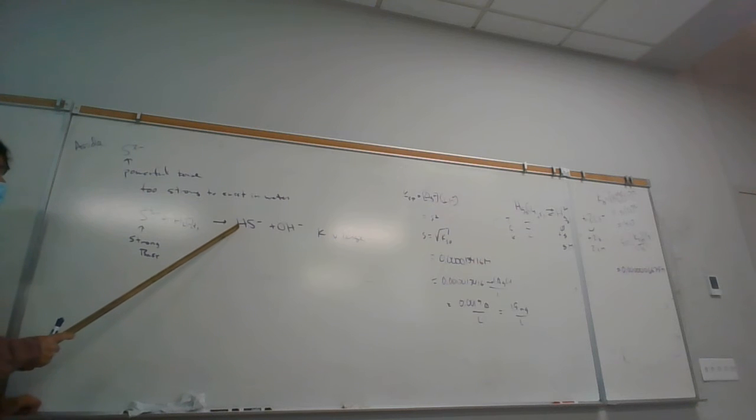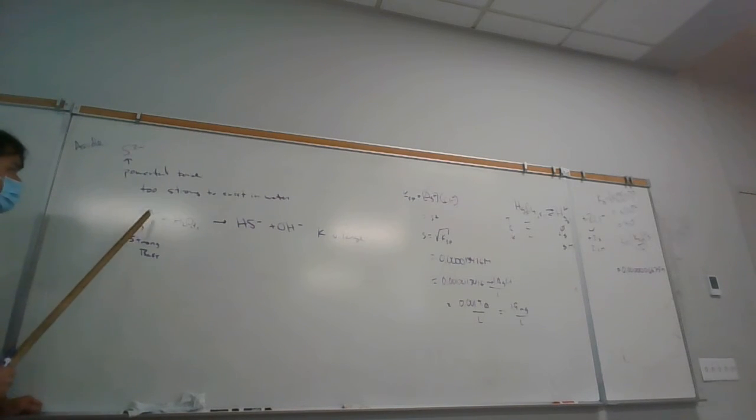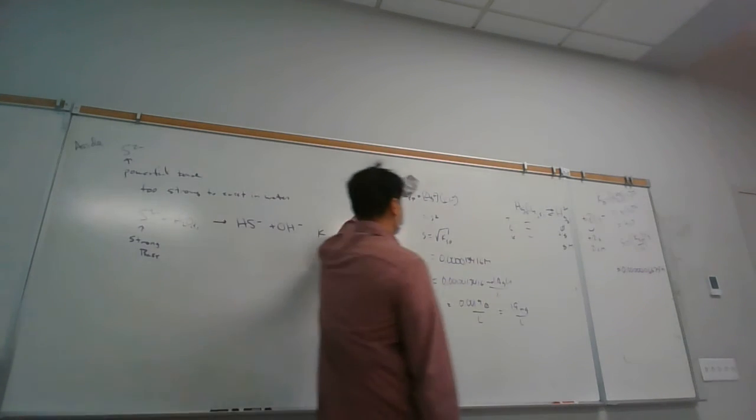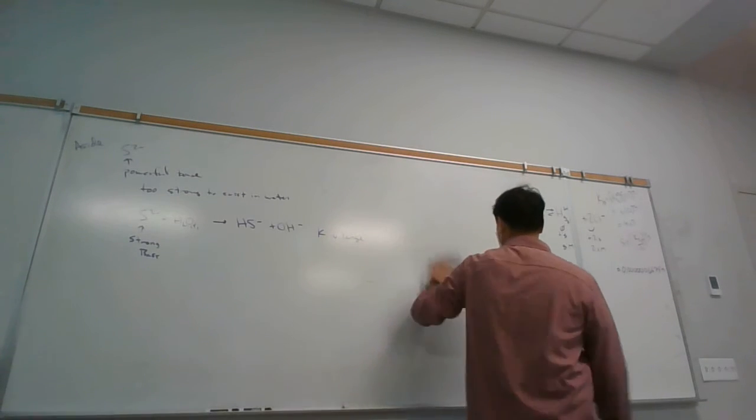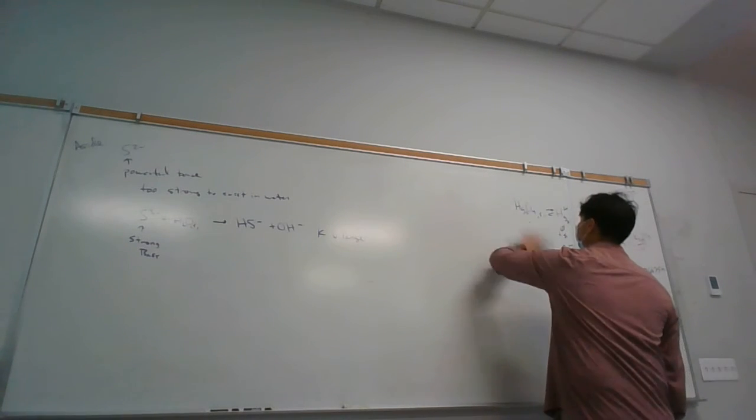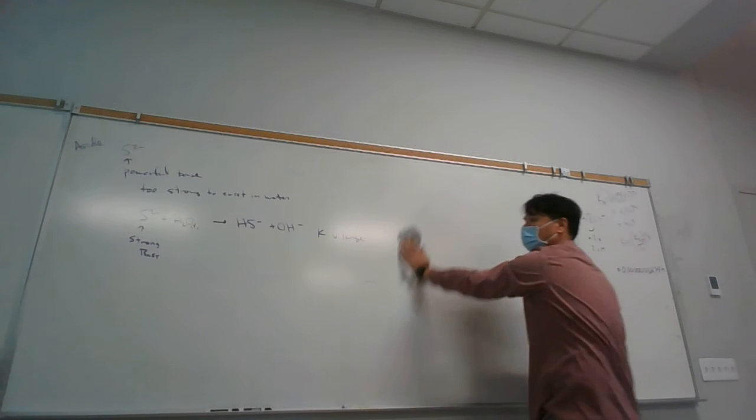So if silver ions come in, it knocks the hydrogen off, and then another silver comes in and forms Ag2S. But that's fine, but this complicates things a little bit. Well, that means the KSP equation for Ag2S is complicated as well.